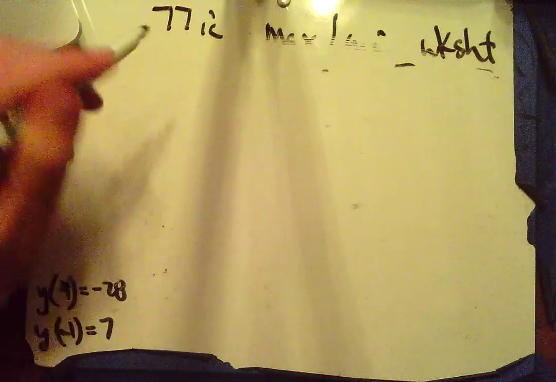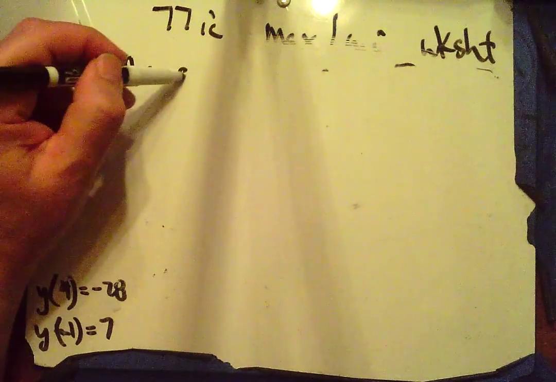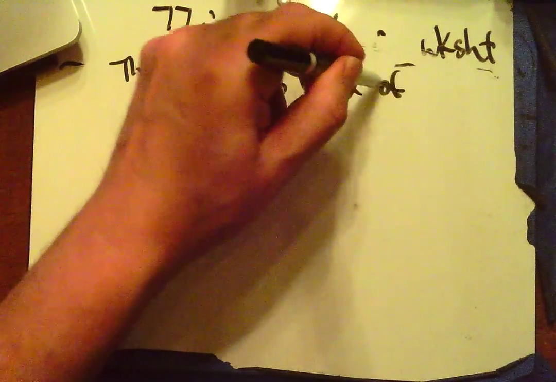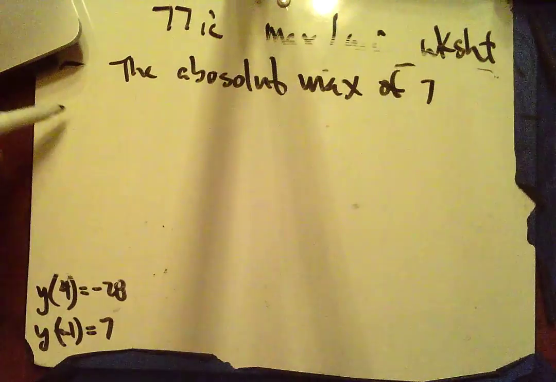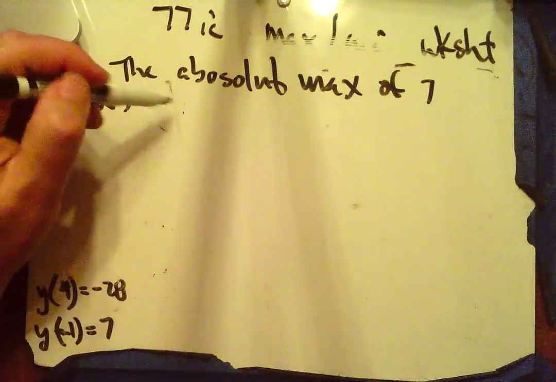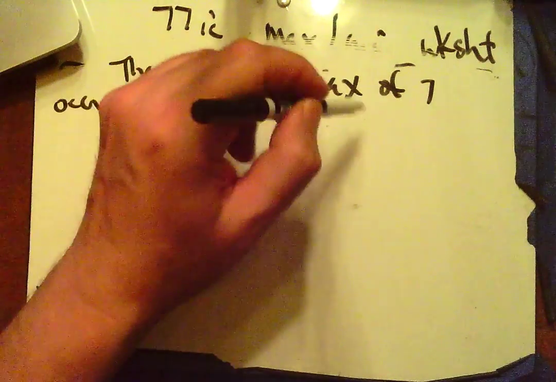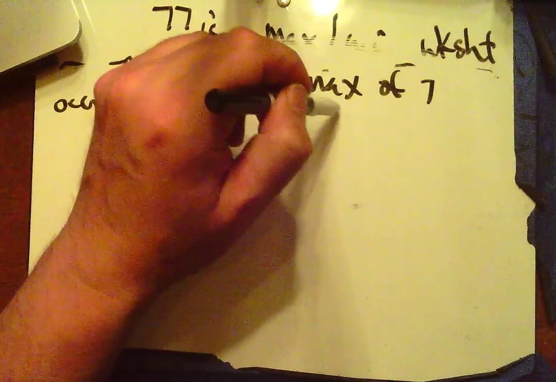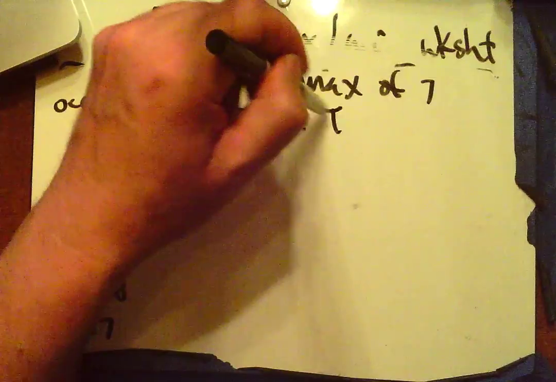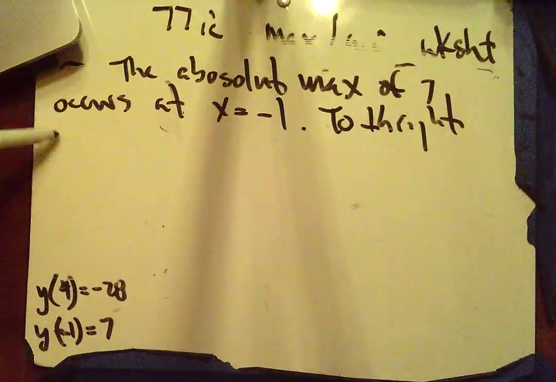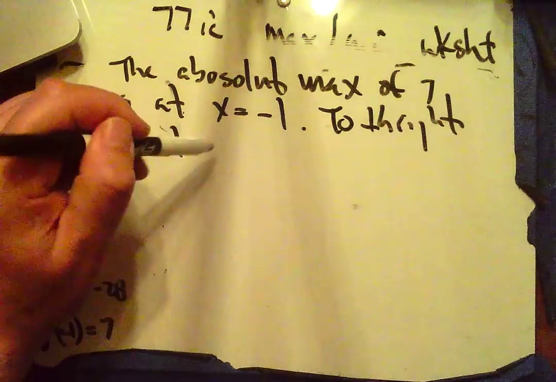So we can say the absolute max of 7 occurs at x equals negative 1. To the right of x equals negative 1.